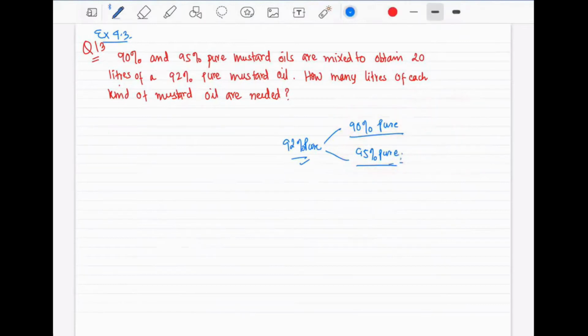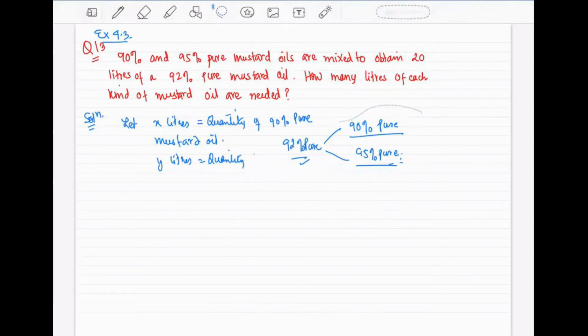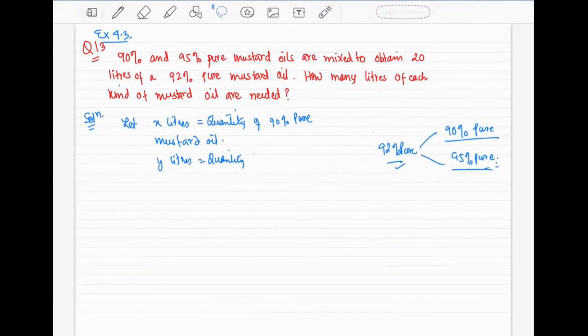Let's start the solution. Let x liters be the quantity of 90% pure mustard oil, and y liters the quantity of 95% pure mustard oil. Now that we have identified the unknowns, let's see the conditions given.